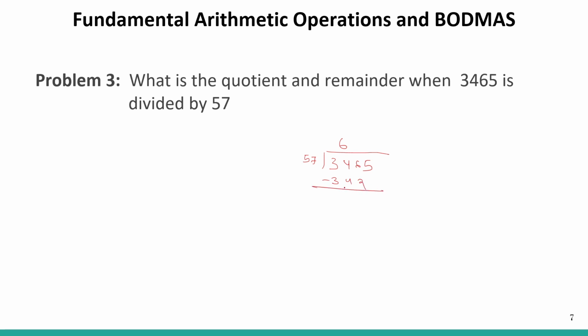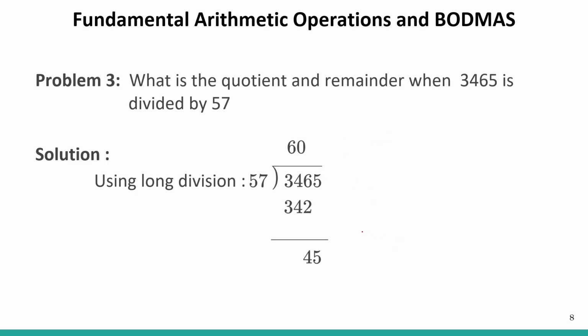Subtracting, we will get 45. Putting a 0, 60 will be the quotient and 45 will be the remainder.